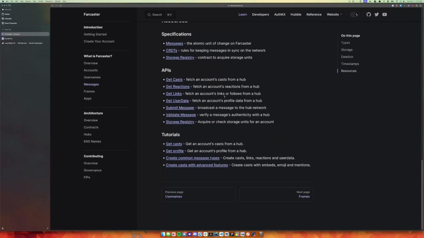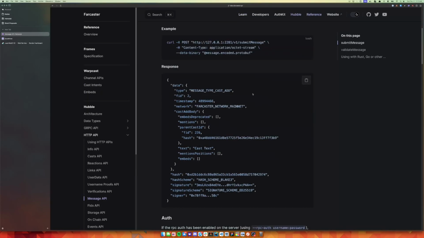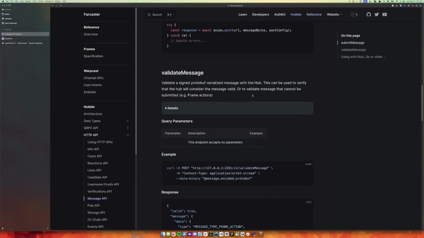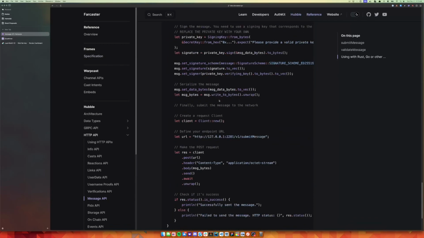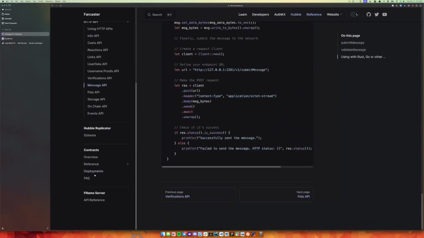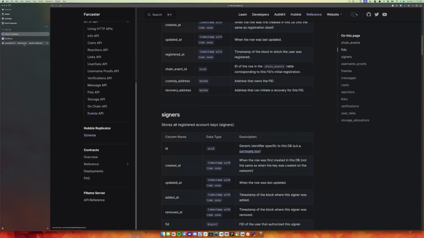So let's say if we go to submit message, right? You'll see in submit message, I don't know if they have a full list over here. It might be in the Hubble documentation. It probably is in the Hubble documentation, but anyway, we'll get to that later.